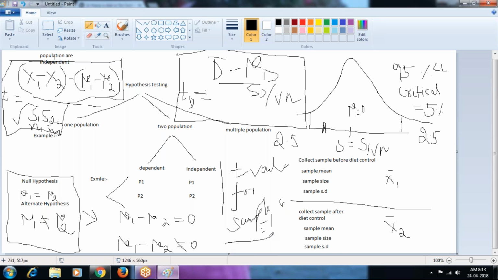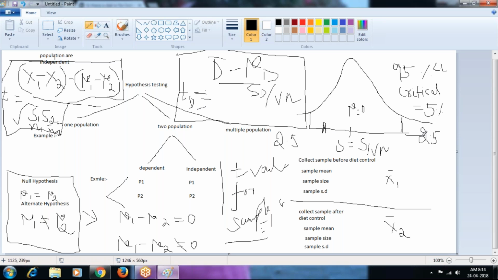Now you have the t value from here. If the t value from the sampling distribution is bigger than the t critical value for 97.5% and less than that for 2.5%, then what do you need to do? You have to reject your null hypothesis, isn't it?